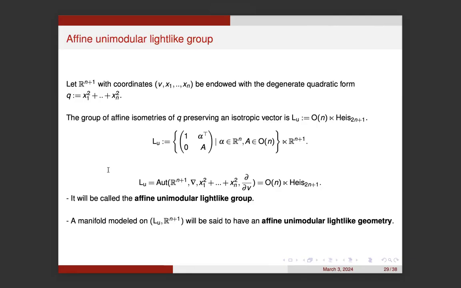Now I define what I call the affine unimodular light-like group. This is an extension of the Heisenberg group of dimension 2n+1. I consider the vector space R^(n+1) with coordinates v, x1, ..., xn, endowed with this quadratic form here. This is a degenerate quadratic form, and its kernel is one-dimensional. Its kernel is generated by v.